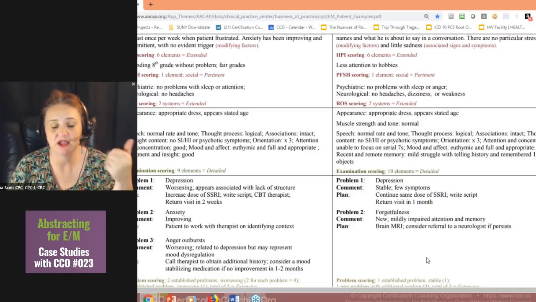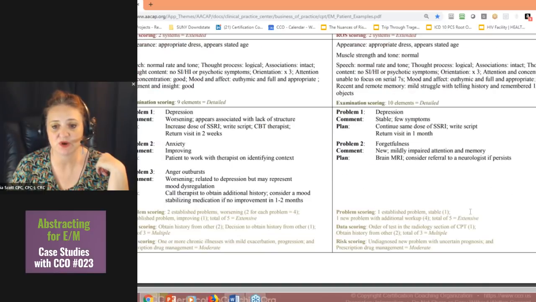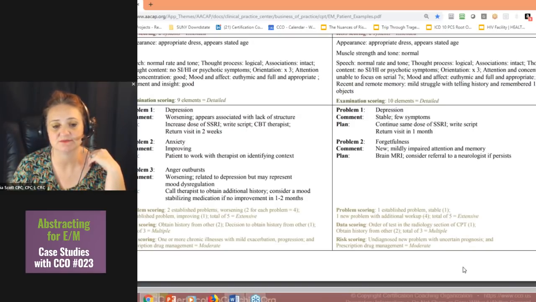They're going to do an MRI, and he's going to get a consult or maybe refer to a neurologist if it persists. So our problem scoring, we have a 5 for extensive and total of 3 for data scoring, and risk scores moderate. Right, so we got our 9921.